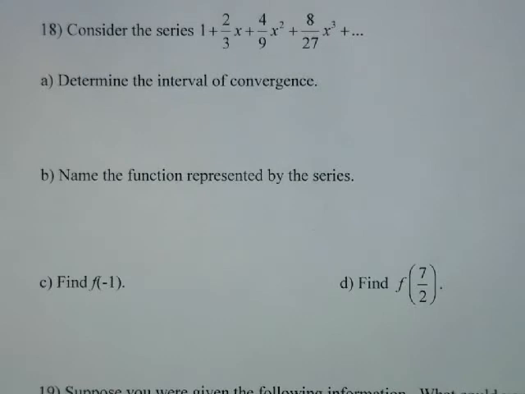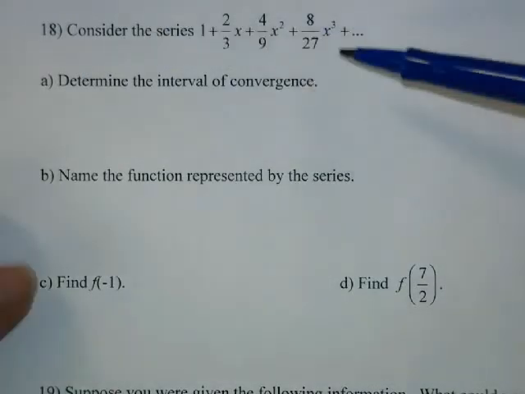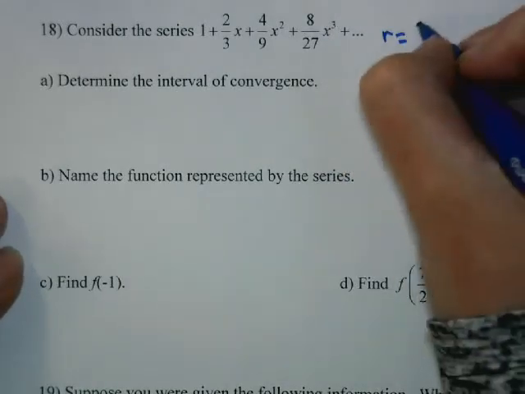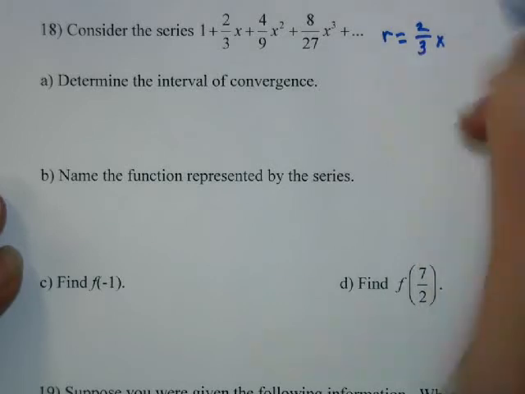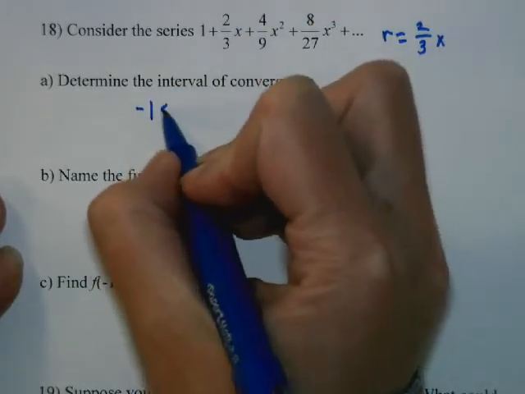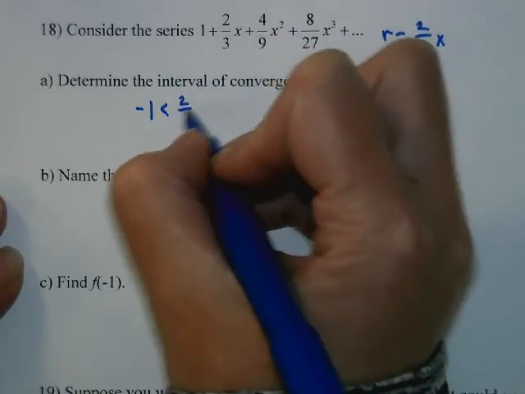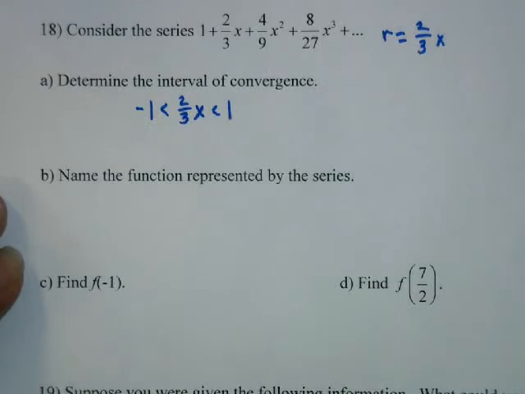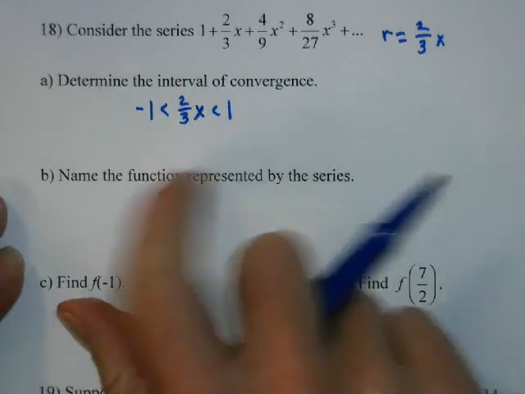All right, next up, we have a power series. This power series has a common ratio of 2/3 x. So for the interval of convergence, that ratio needs to be between -1 and 1. Then we want to solve this for x, so I'll just multiply by 3 halves.